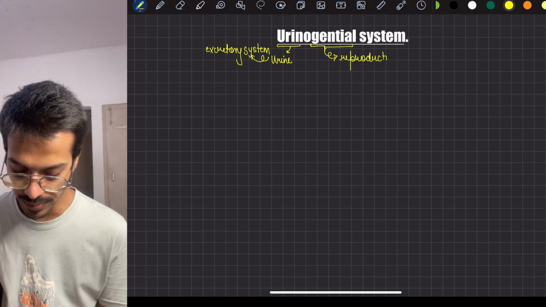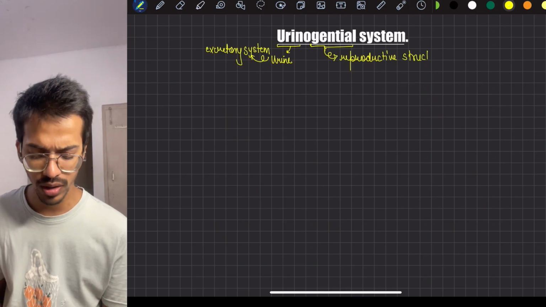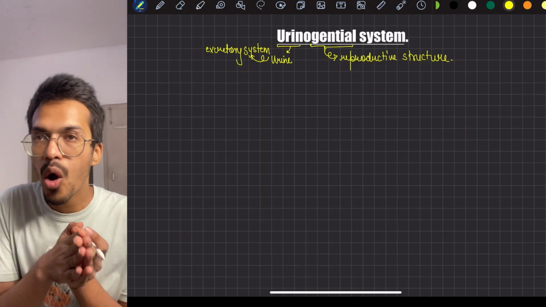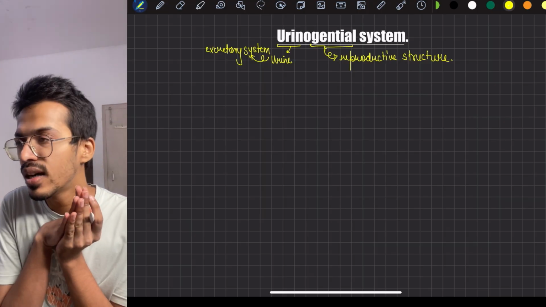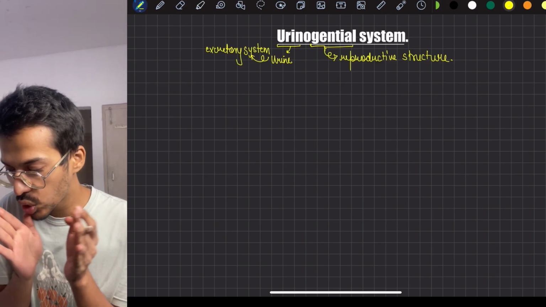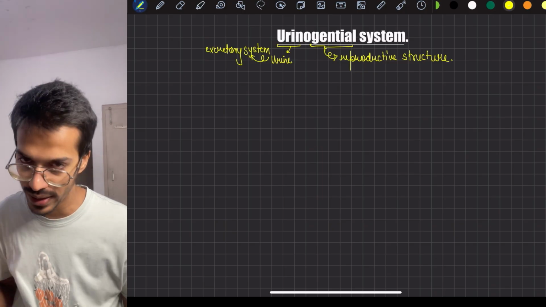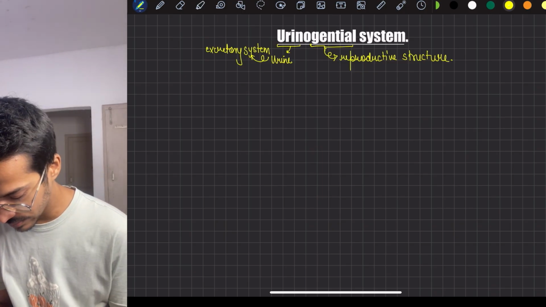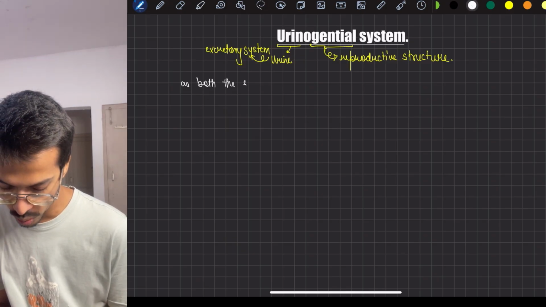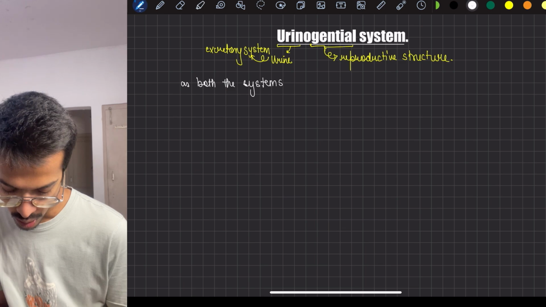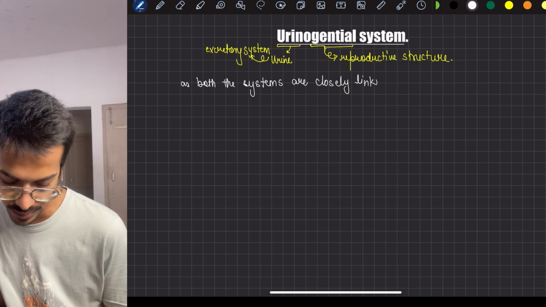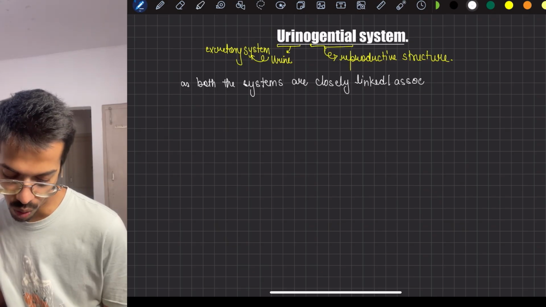Now, the frog reproductive system and the excretory system are closely associated, and that's why it is called like this.